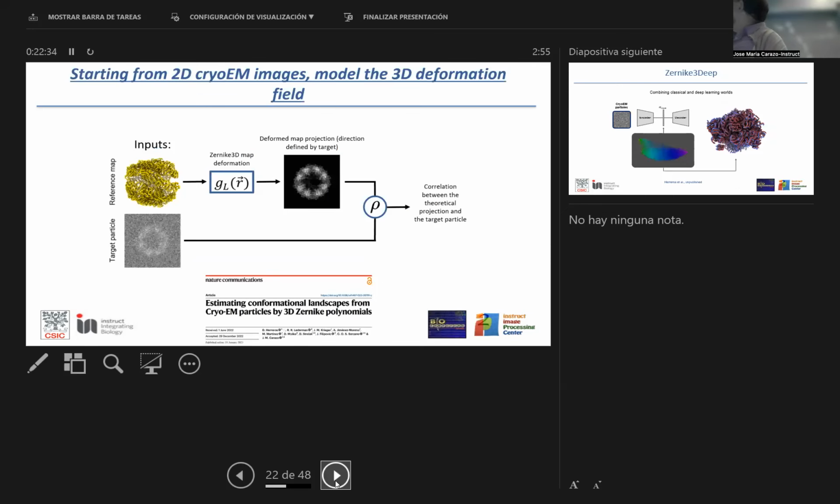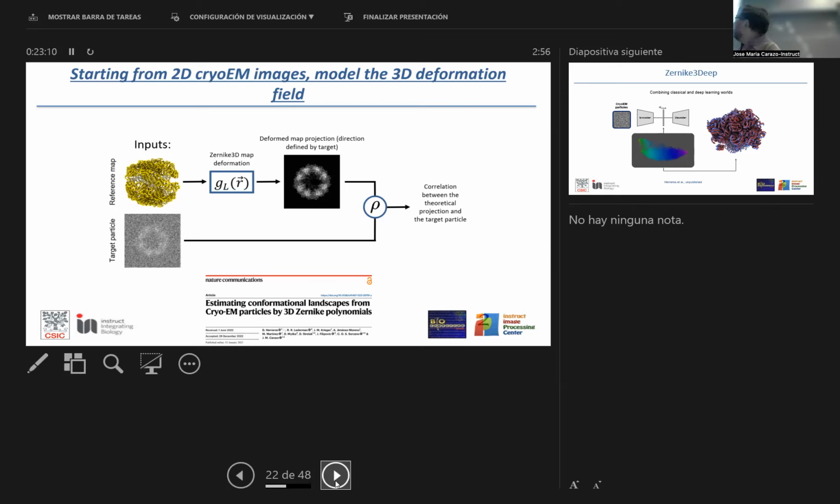At the end of the day, we have an average reconstruction. We have the individual images. And what we try to do is the average reconstruction is deformed with the deformation field. And then we do a computer simulated projection of the deformed average image. Of course, in that projection, we do the CTF and we put everything that has to be put to make this computer simulated image closer to the experimental image.